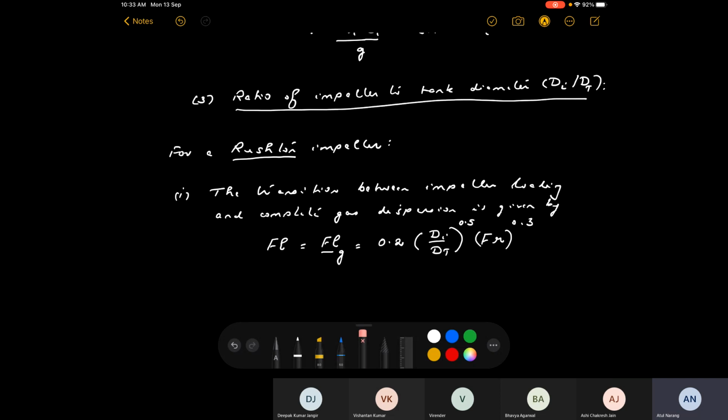I should correct this. Actually, maybe this is not right. Better to write it this way. It will become clear as we proceed what I'm doing.